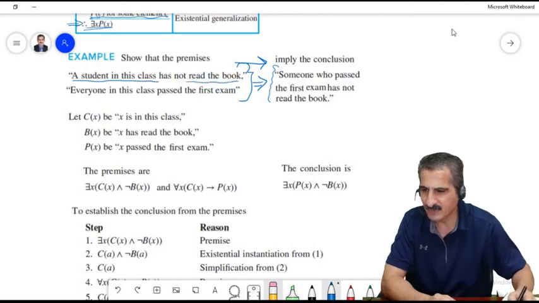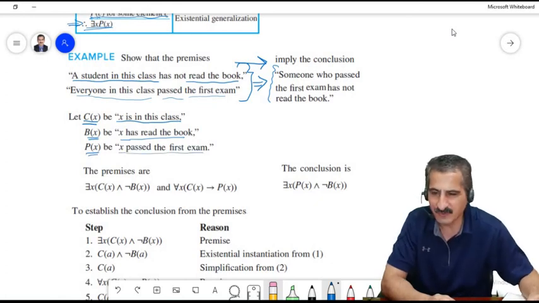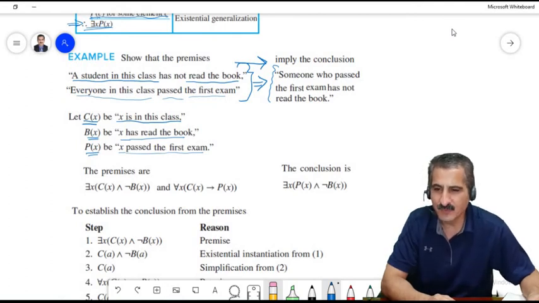So if we say C of X represents a student in this class, B of X represents X student has read a book. Okay, here it says everyone in this class passed the first exam. So P of X, let it be X passed the first exam. Then we want to conclude that some who passed the first exam has not read the book.